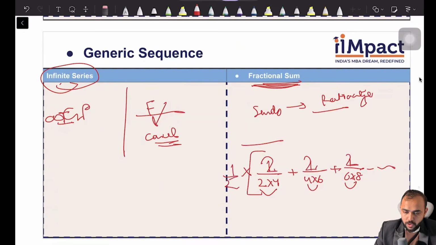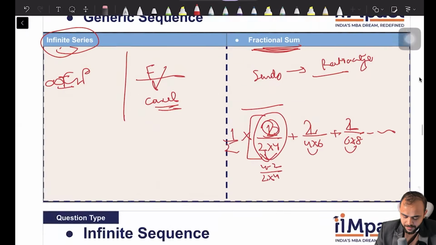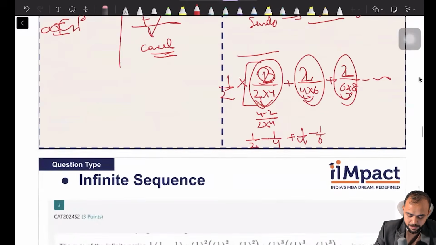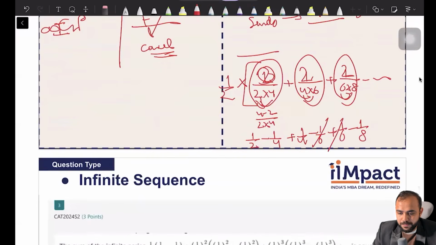By multiplying it whole with 1 by 2. I can write this 2 as 4 minus 2 divided by 2 into 4, which becomes 1 by 2 minus 1 by 4. The next term will become 1 by 4 minus 1 by 6. The next term will become 1 by 6 minus 1 by 8. These will start to cancel, and you will be left with 1 by 2 only.